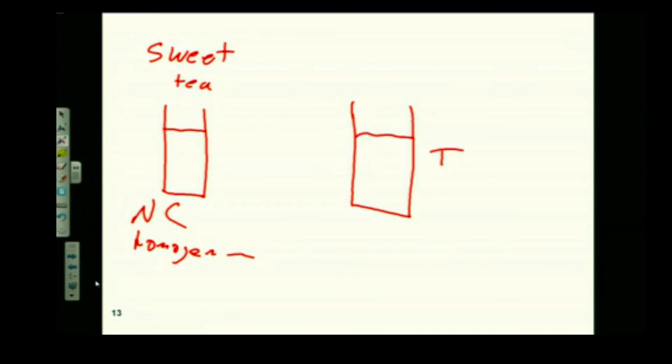One of my students in the other class said, Illinois tea. You go in a restaurant, this is your first time going there, you didn't know. You ordered a glass of iced tea, and they brought it to you unsweet. It has no sugar, and it has ice on it.